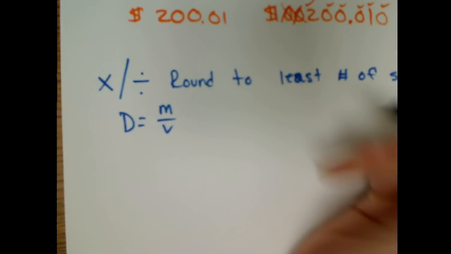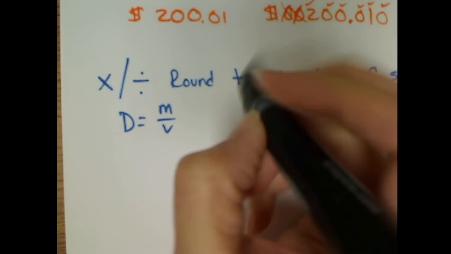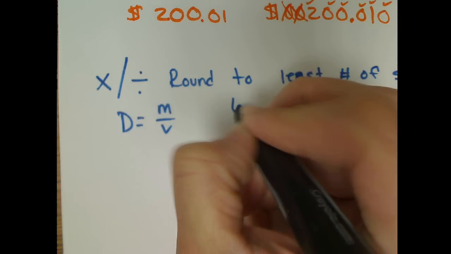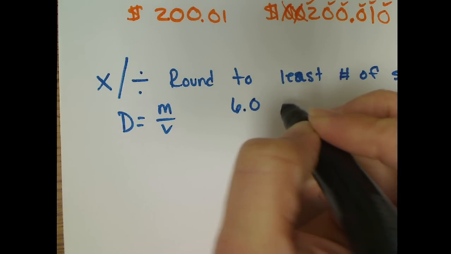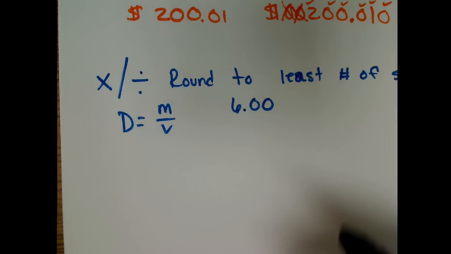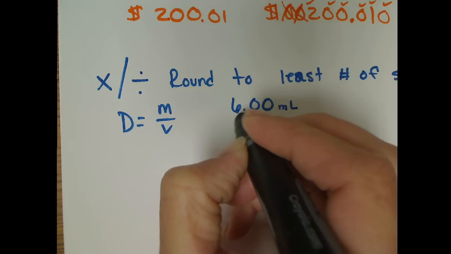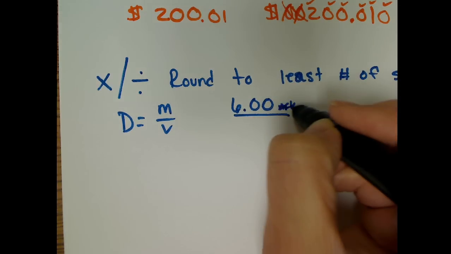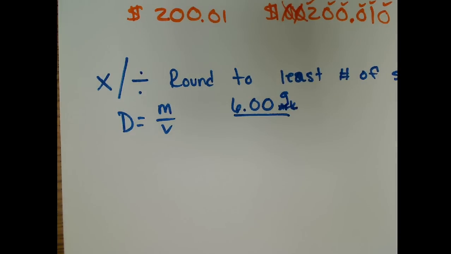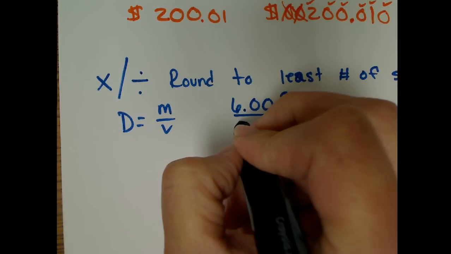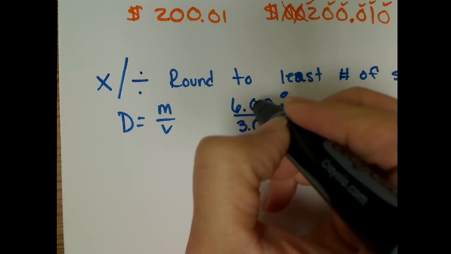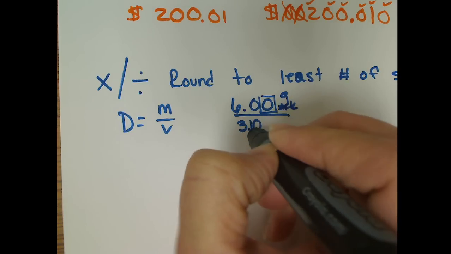Example, let's say I'm trying to find density, which is mass divided by volume, and I go into lab and find that I have a mass of 6.00 grams and a volume of 3.0 milliliters.